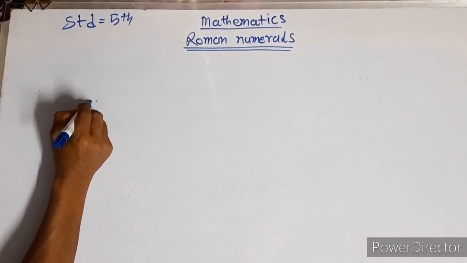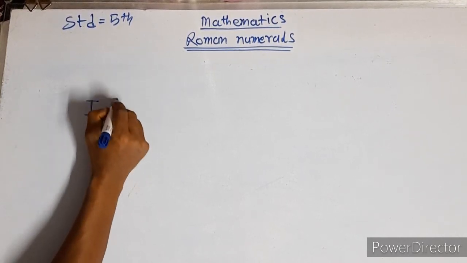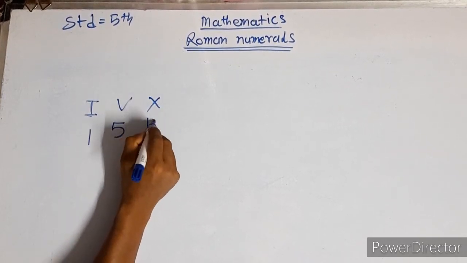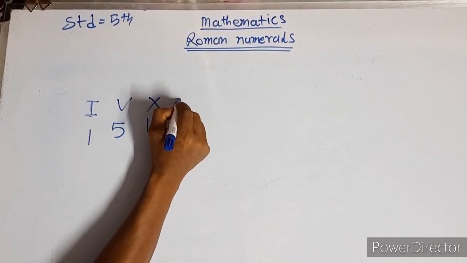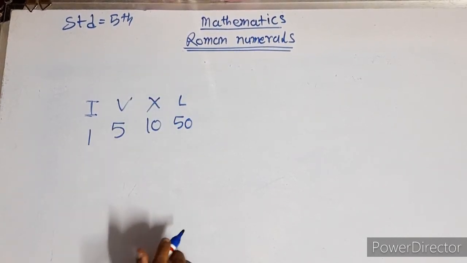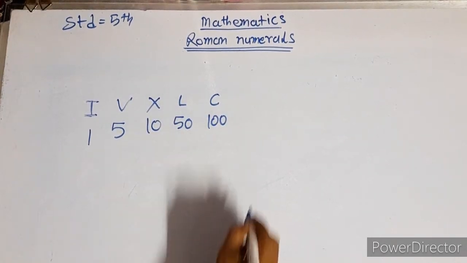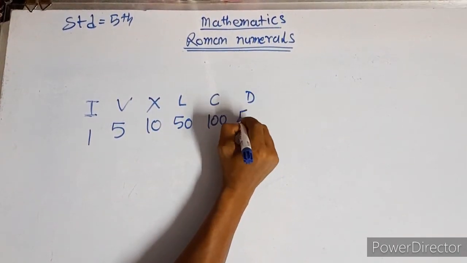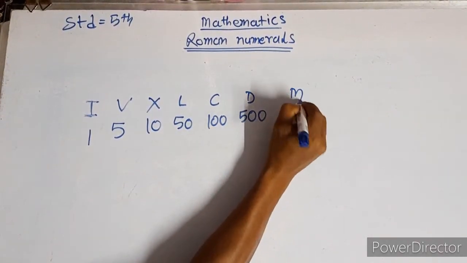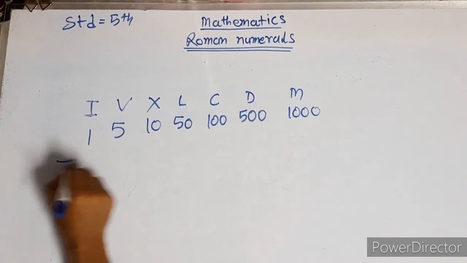I for 1, V for 5, X for 10, L for 50, C for 100, D for 500 and M for 1000. Okay.